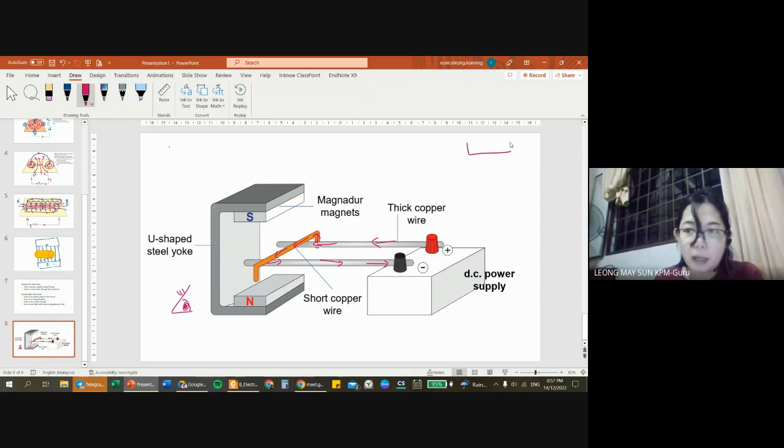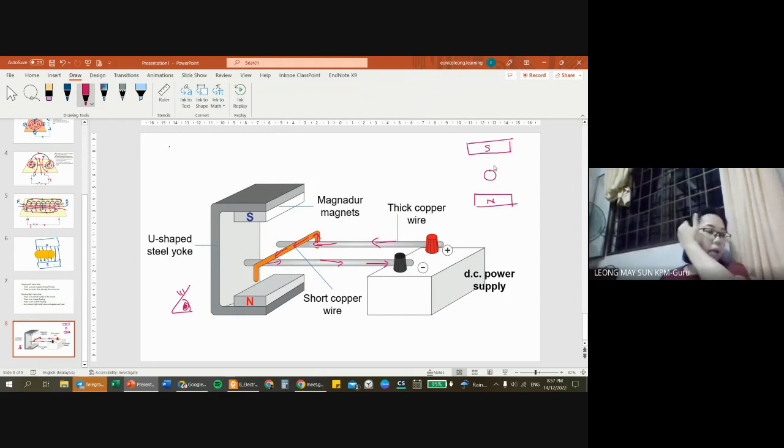I have my south pole here, I have my north pole here. I'm putting a circle in the middle to determine the direction of my wire. That's my copper wire. So magnetic field will move from north to south.